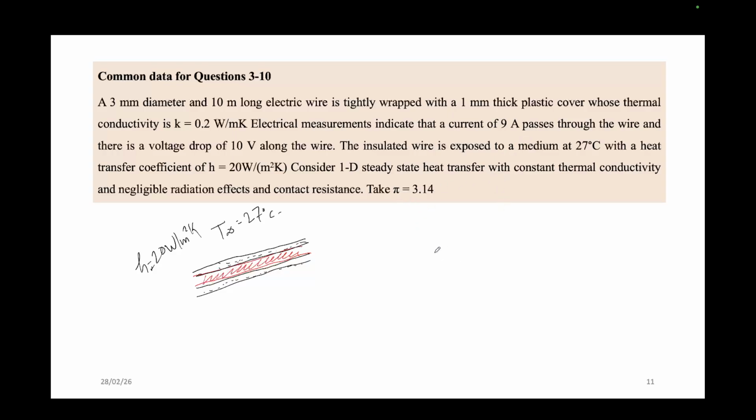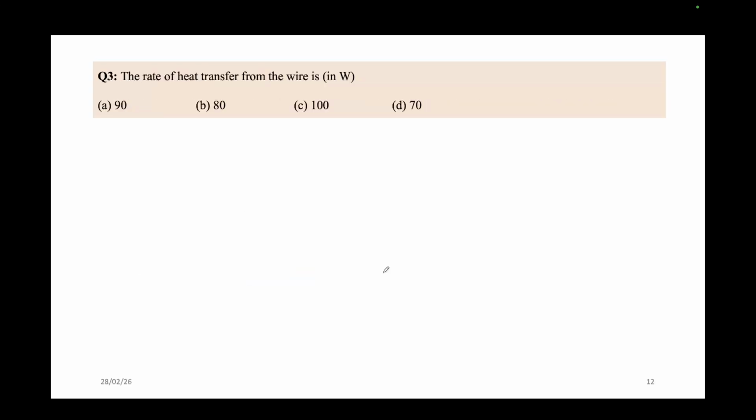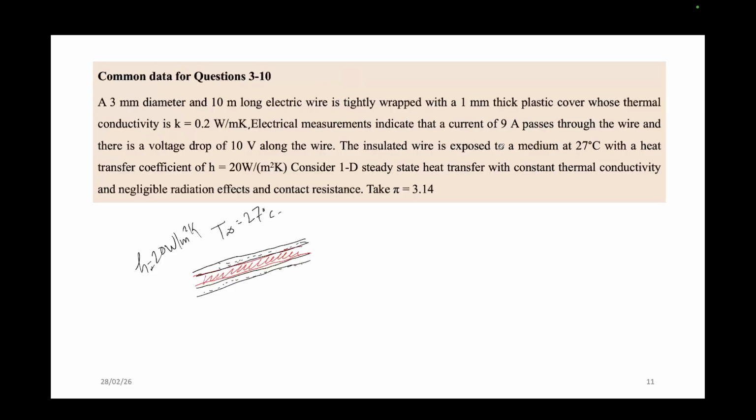So either there is conduction, convection or heat generation, right? But here clearly it is mentioned that the electrical measurements indicate a current that passes through the wire and there is a voltage. So this is the heat that is already generating in the system. Whatever heat is generated in the system will only be transferred.